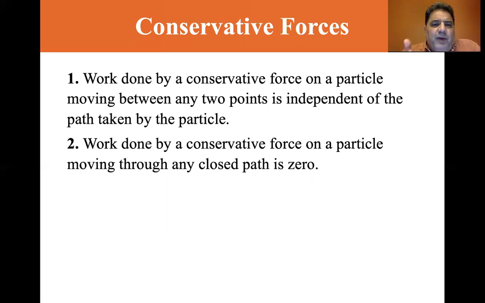So for those 2 points, the path is independent and doesn't change the energy. If the work done on a closed path is not 0, then you have non-conservative forces.